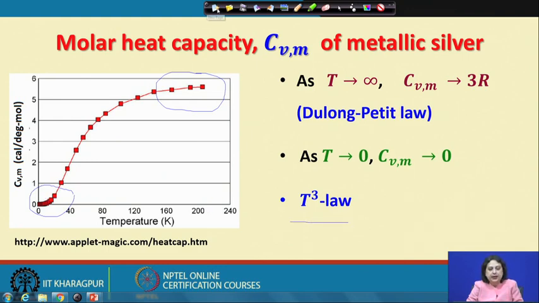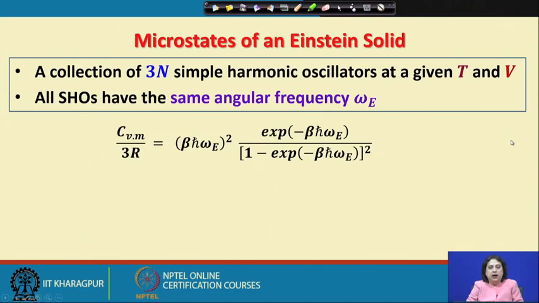This is known as the T cubed law. Now, we have also seen that if I use the Einstein model to represent the microstates of the solid, then I would talk about the solid as a collection of 3n simple harmonic oscillators, which are present at a given temperature T and volume V, and each of these oscillators will have an intrinsic angular frequency omega, and all the values of omega are the same.